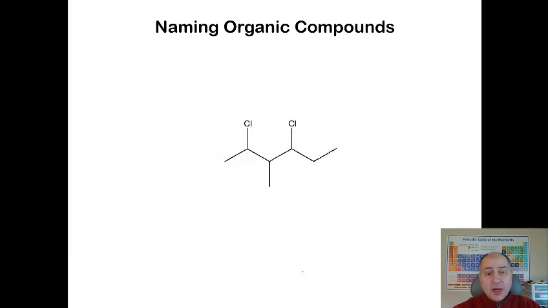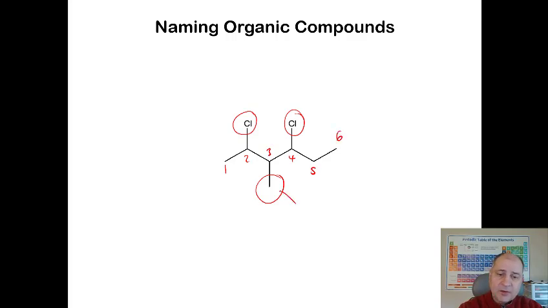Okay, not everything is going to be a methyl group, but the naming isn't a whole lot different. Instead of naming this dimethyl, we're going to name this dichloro. We have 2 chloro groups. We also have a methyl group, and then we label it 1, 2, 3, 4, 5, 6. This is a methyl, this is a chloro, and you list these groups when you name them in alphabetical order.